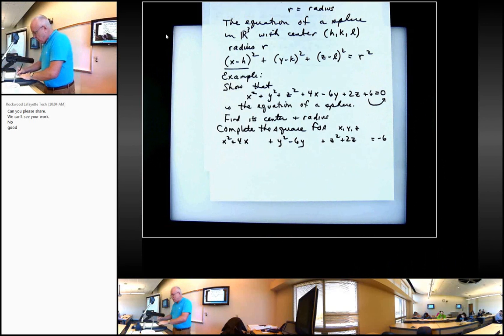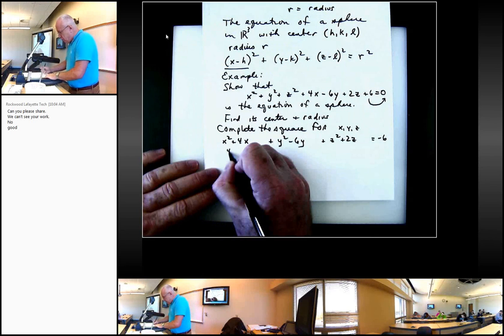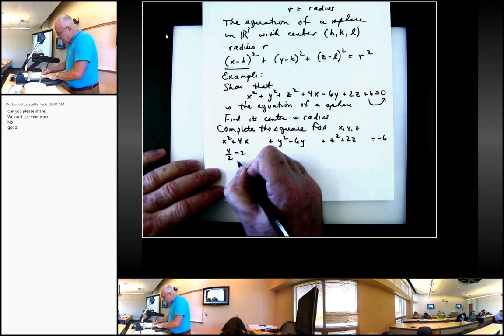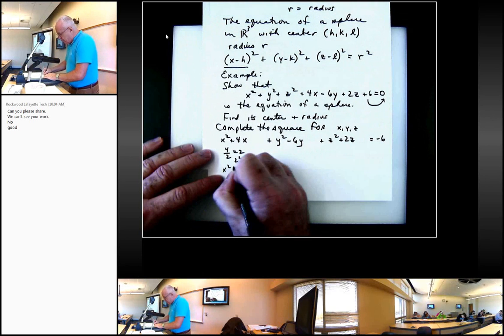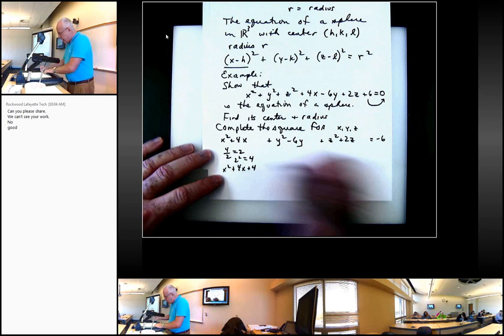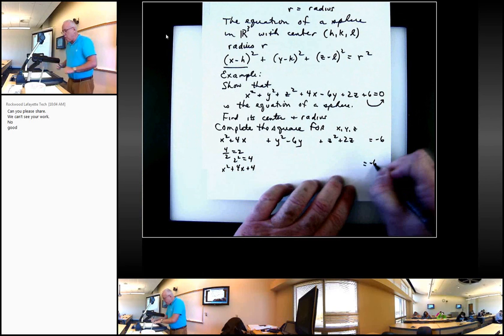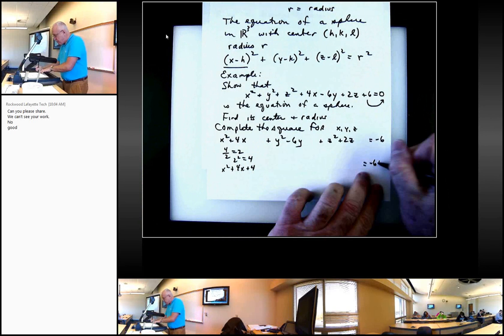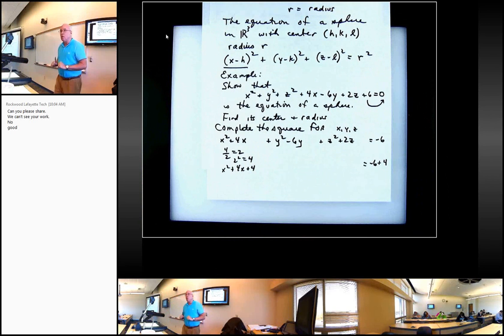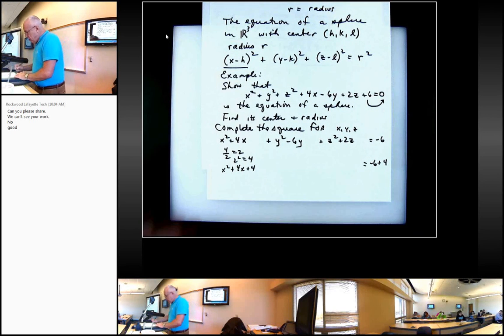So we take the 4, divide it by 2, and then square that. That gives us a 4. So this is going to be x squared plus 4x plus 4. And we all know from algebra, what we do on one side, we have to do on the other side. So please don't forget to add the 4 over on the right side.